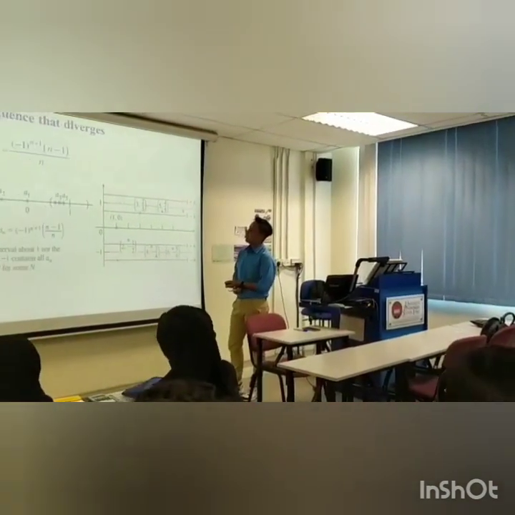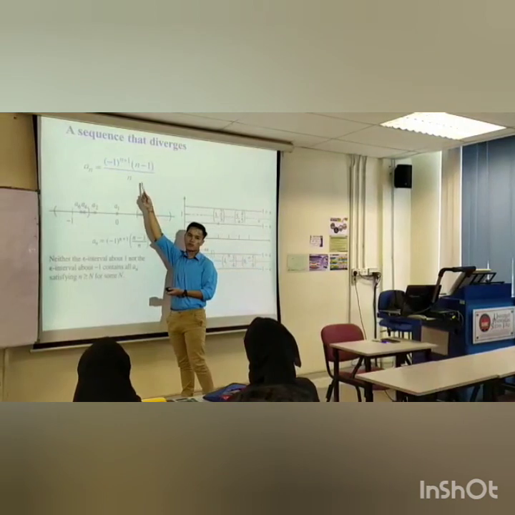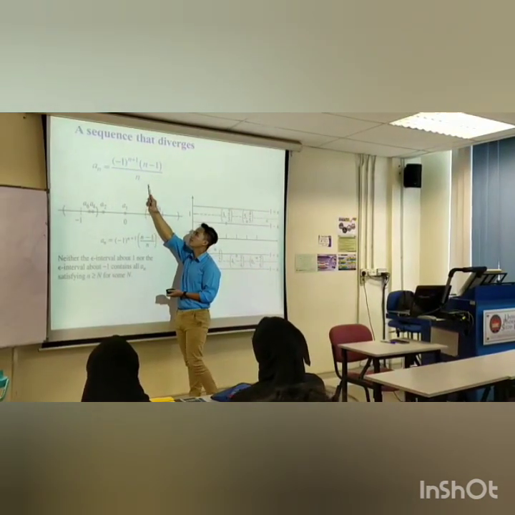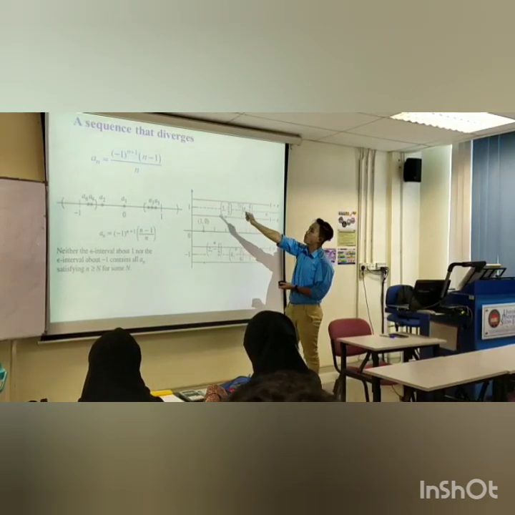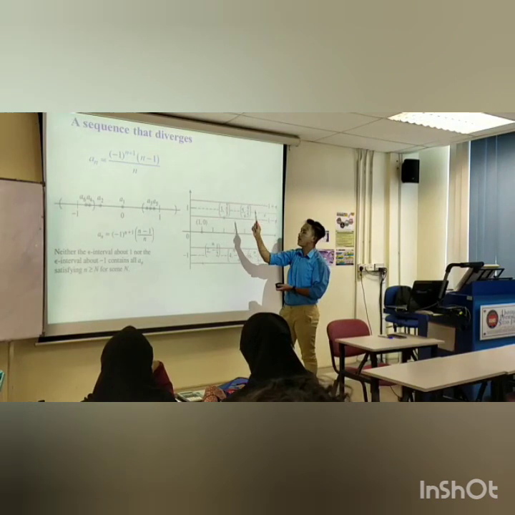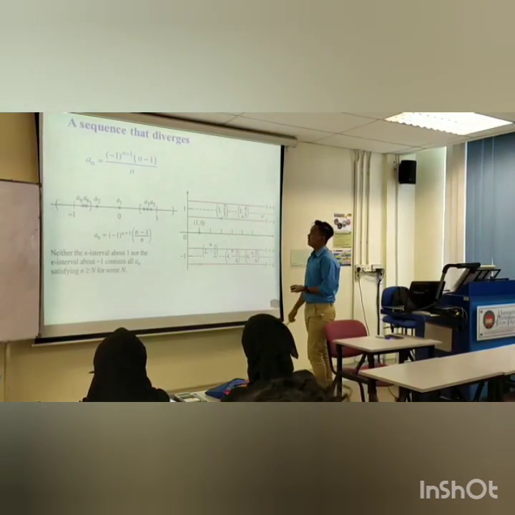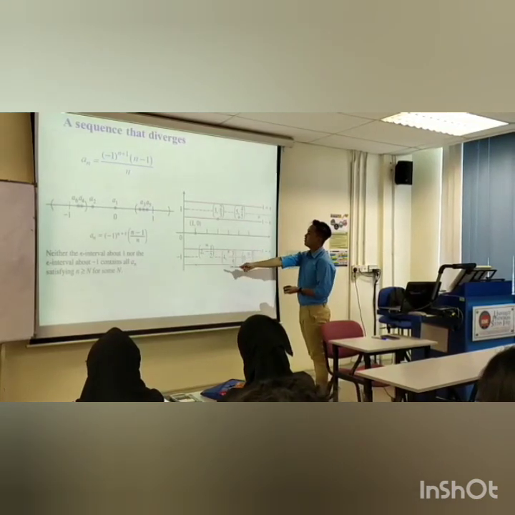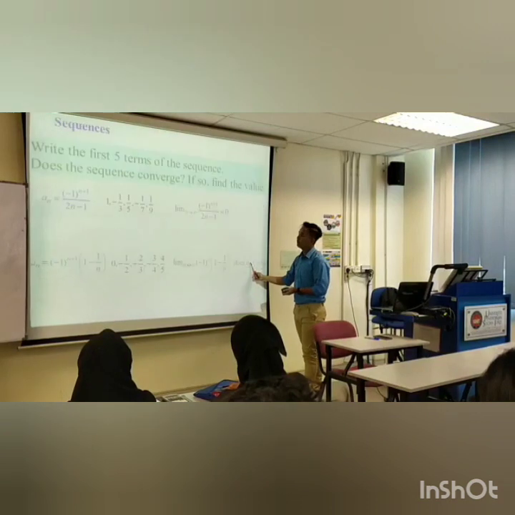Okay, next. A sequence that diverges using this formula. So keep this in mind. an equals (-1) to the power n plus 1, in the bracket n minus 1 over n. That is the general formula. And then this is how you can generate it as a number line or as a function.